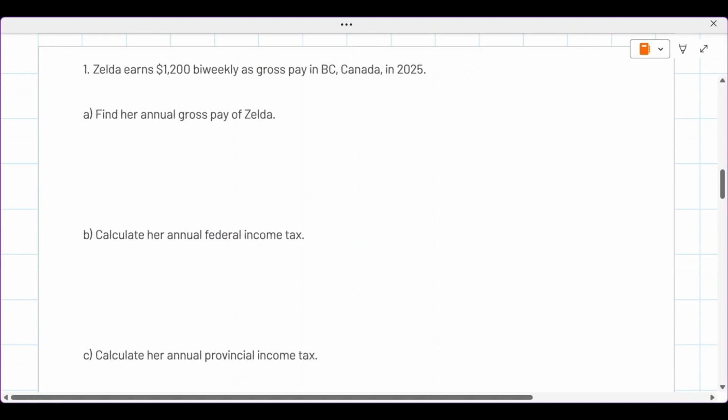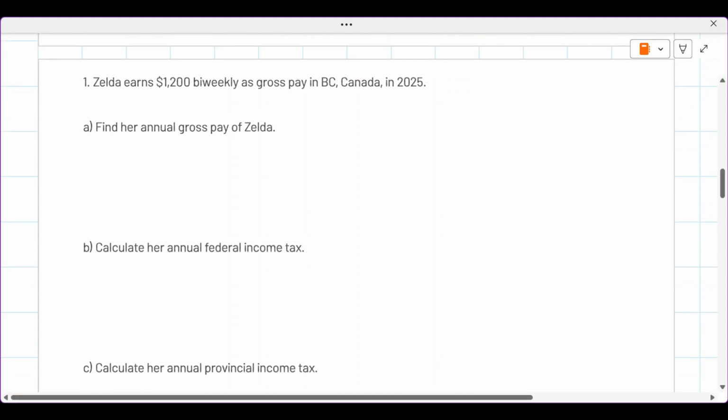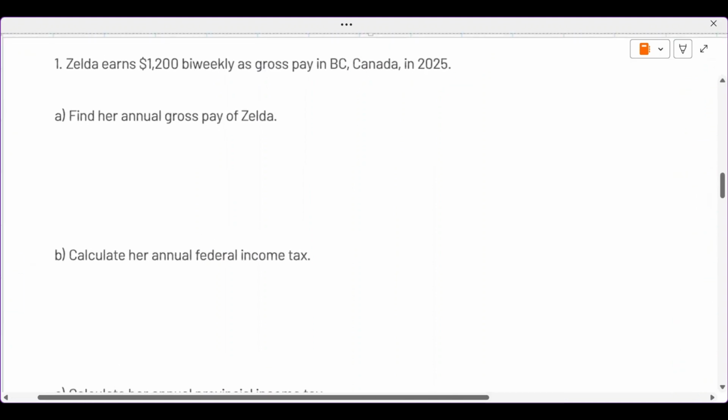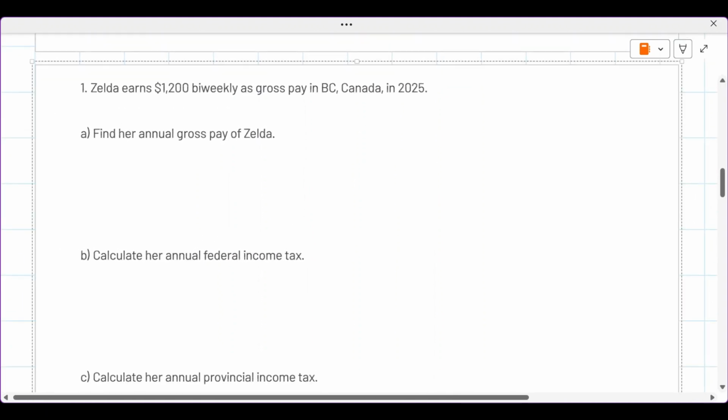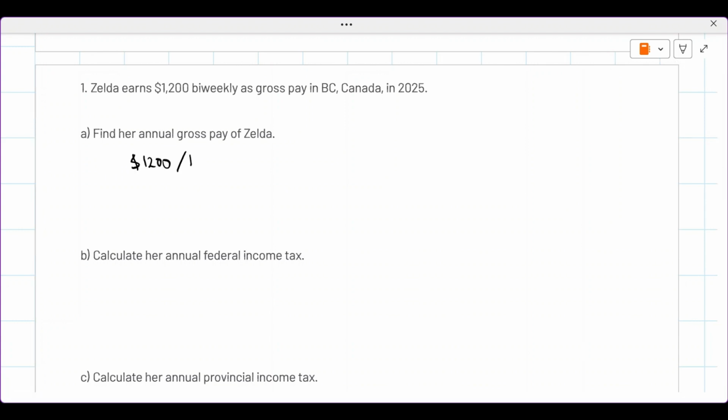Zelda earns $1,200 biweekly as gross pay in BC, Canada in 2025. Find her annual gross pay. This is a very easy question. If Zelda is getting paid $1,200 biweekly, it's $1,200 per biweek.